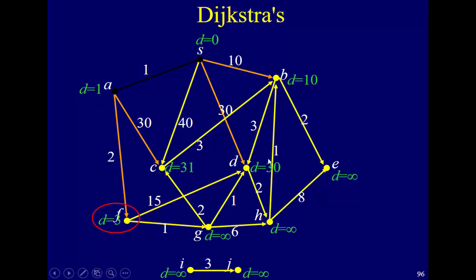And you'll note their d values get updated. To get here, it takes 3. 3 plus 15 is 18. That's why this number goes down to 18. And here, 3 plus 1 is 4. So this is going to go from infinity down to 4.